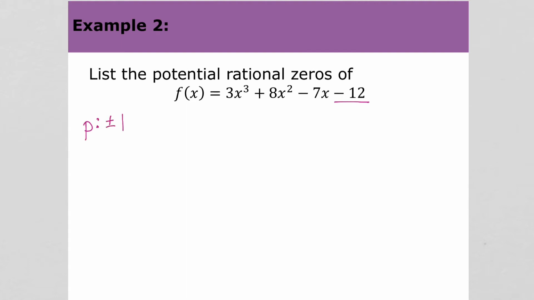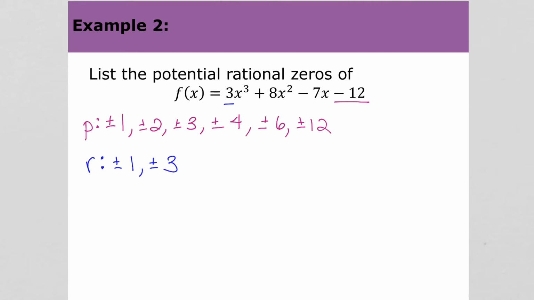Well, positive and negative 1, positive and negative 2, positive and negative 3, positive and negative 4. 5 won't, 6 will, 7, 8, 9, 10, 11, 12 will. Then Q are the factors of 3. So positive and negative 1 and positive and negative 3.